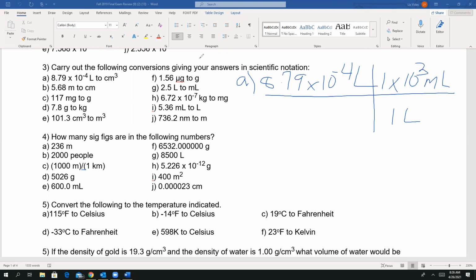Milliliter is the same as a centimeter, by the way. So this is going to give you 8.79 times 10 to the, also you're doing -4 plus 3, so it's -1 milliliters, which is equal to centimeter cube. Okay.